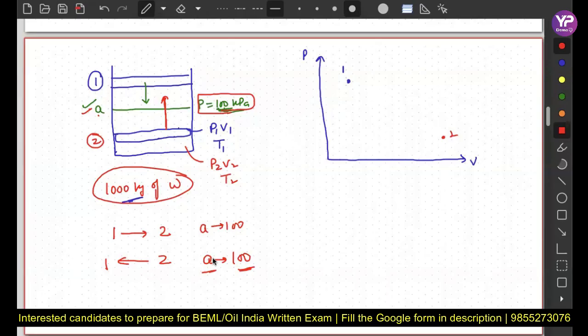Why would you see the same pressure at position A? Just understand, you have put 1000 kg of weight suddenly over the piston. The piston has moved from 1 to 2 in a very fast manner. Then you have removed the entire 1000 kg of weight suddenly, and the piston again moves back from 2 to 1 in a very fast manner. So is it necessary that at position A the pressure will be the same?